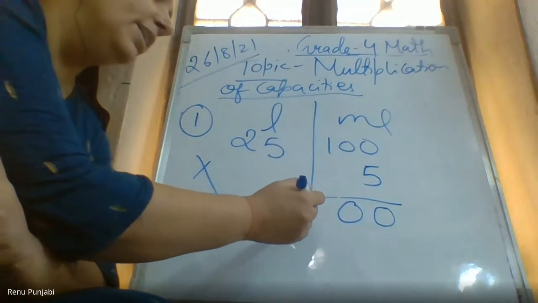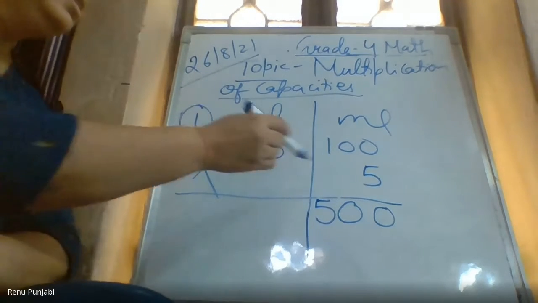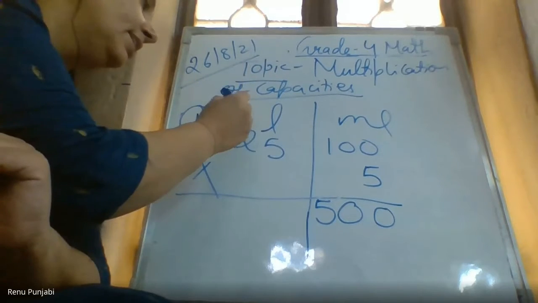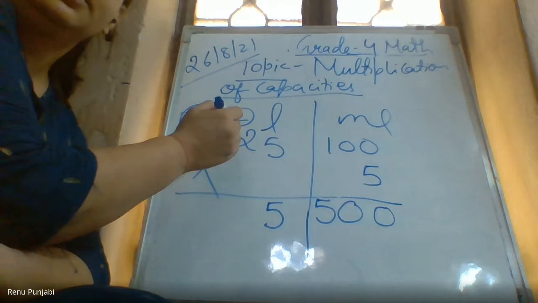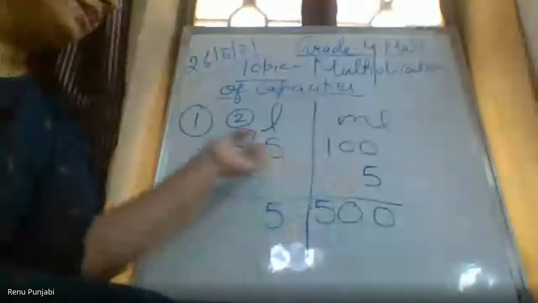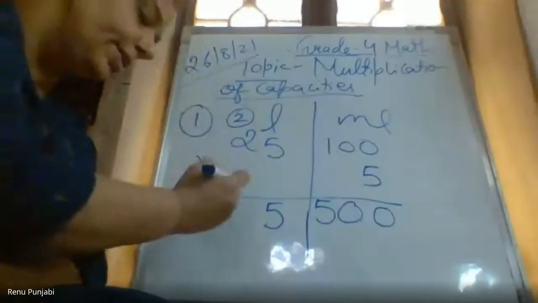Any number multiplied by 1 will be the number itself. 5 ones are 5. Then 5 5s are 25. Let me explain first, then you write. 5 2s are 10. 10 plus 2 is 12.